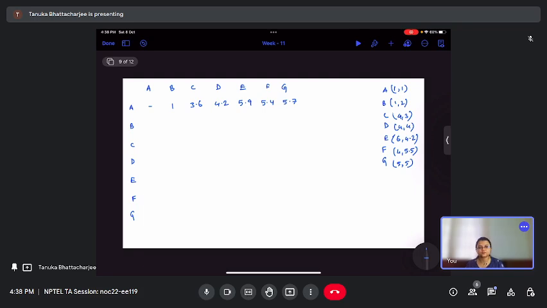It is 5.7. So, this first row will also be the first column. So, let us write that.